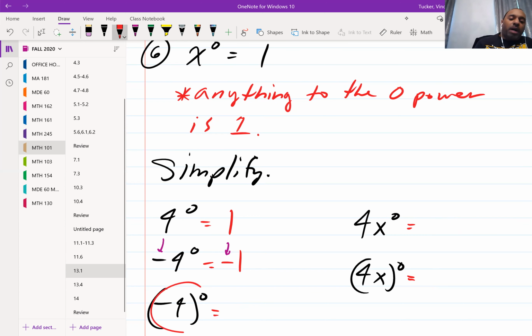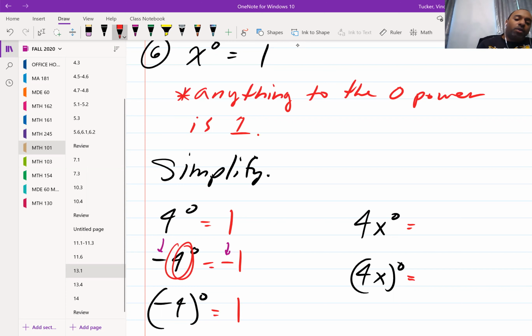For this one down bottom, though, everything in the parentheses is affected by your exponent. So that would be just positive 1, because negative 4 to the 0 power with the parentheses is going to be positive 1. Anything to the 0 power is 1.